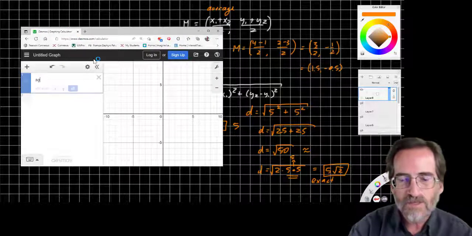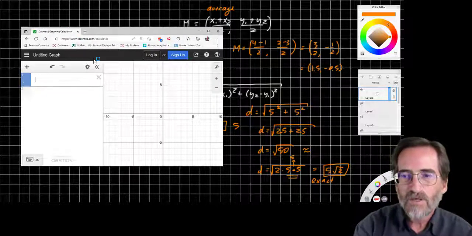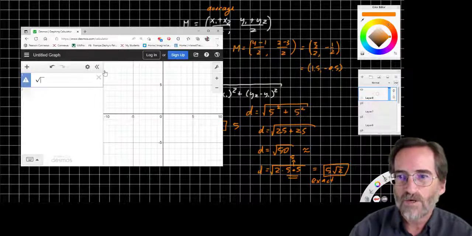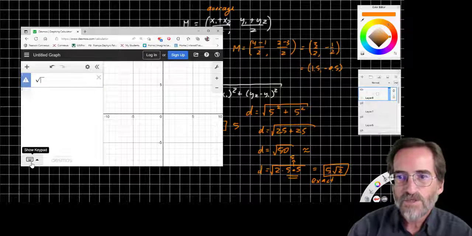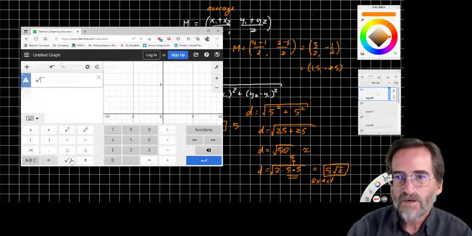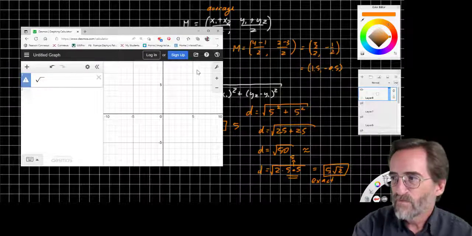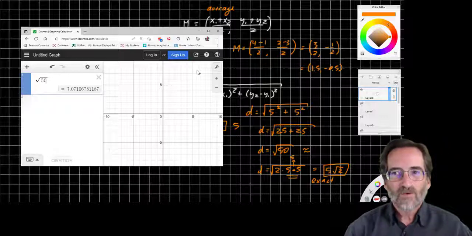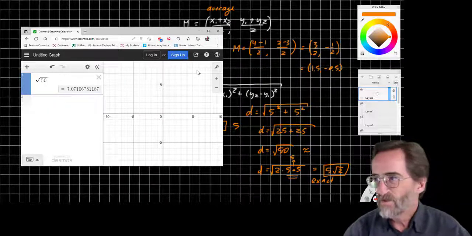Type SQRT, and when you hit the T, the square root symbol will appear. You don't have to use the show keyboard option. You can. It is right down there. But square root of 50, and it's about 7.1 to the nearest tenth.